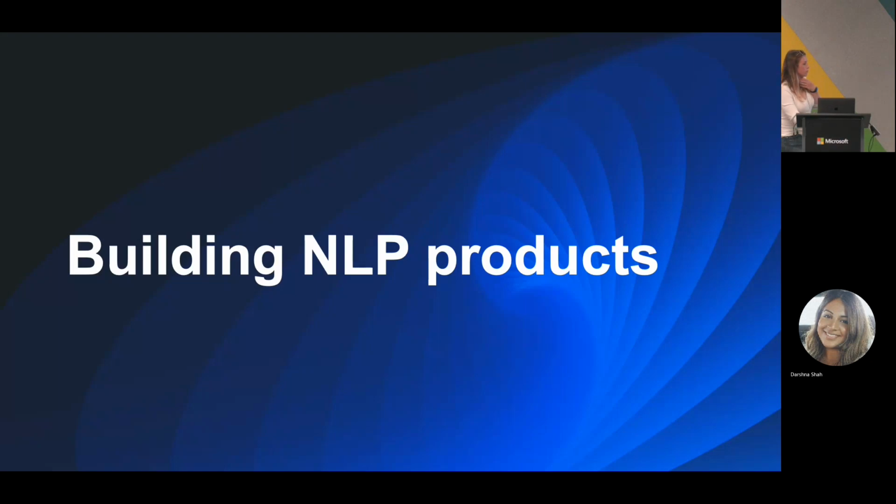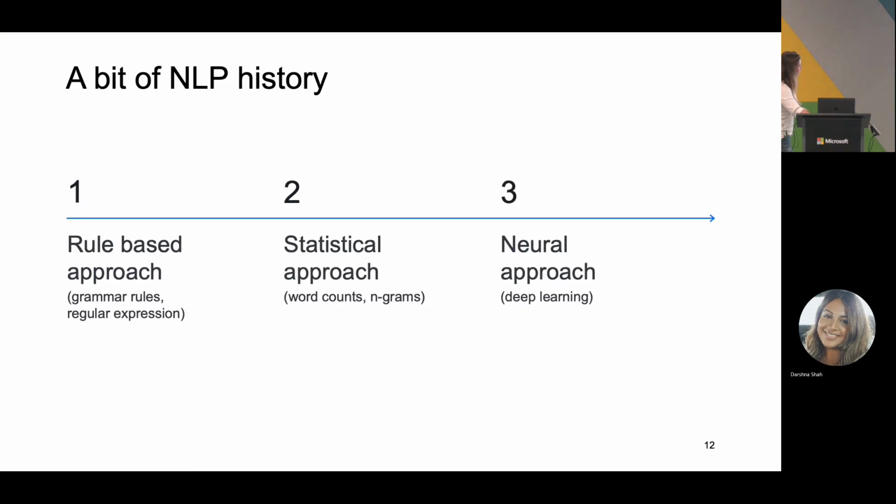And how those products are actually built. So let's start with a bit of a history of NLP. So now we are in this third stage, but how NLP started, it's this first step here in this line right now. And it was a rule-based approach.